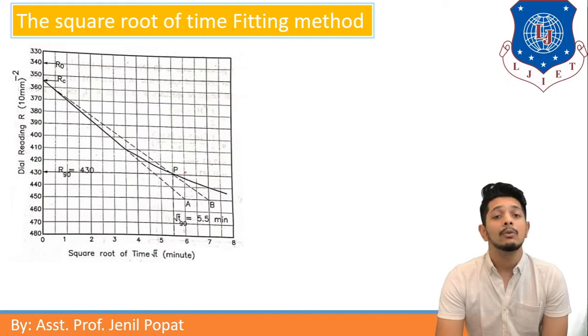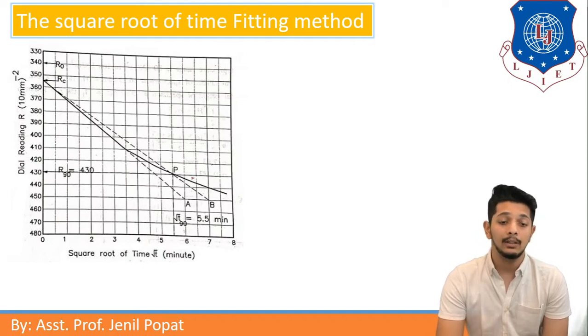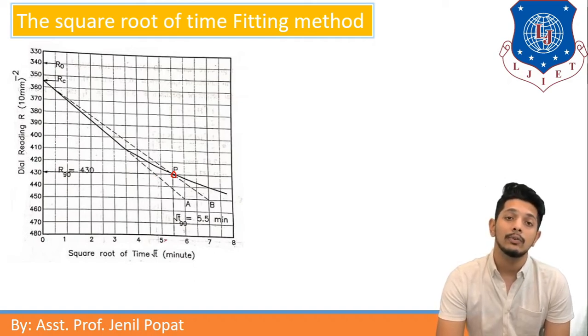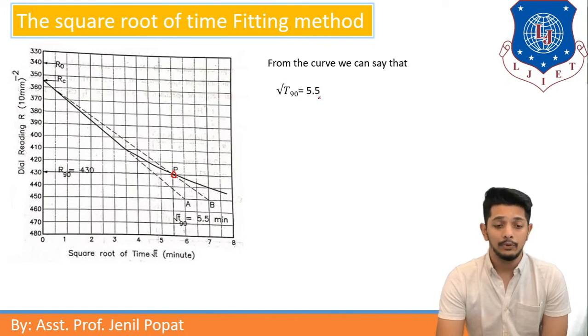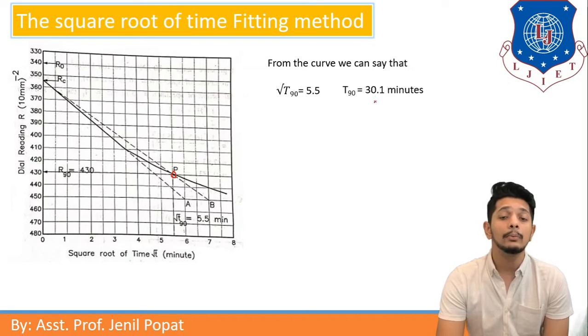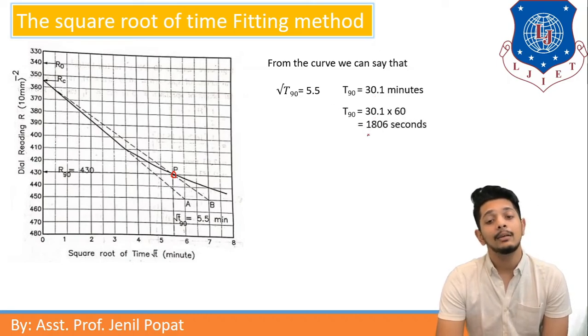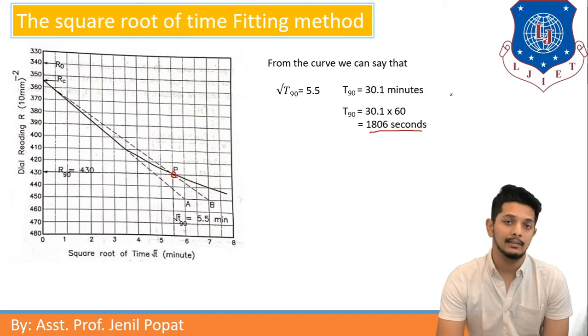Now line B is 1.15 times line A. Now from the graph, for this particular experiment, we can get this under root T90 value as 5.5 minutes at point P, as the point P is showing 90% degree of consolidation, as dial gauge reading as well as in terms of under root T. Now under root T90 is 5.5 minutes, then T90 is equal to 30.1 minutes, as well as T90 can be called 1806 seconds.